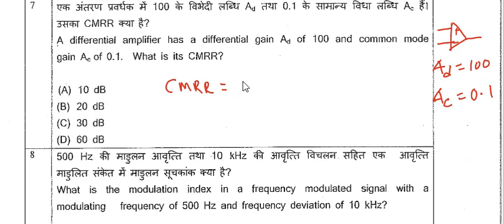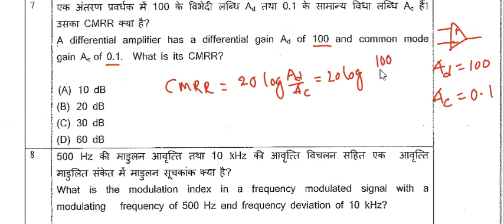So common mode rejection ratio is given as 20 log AD by AC. If we substitute these values in this formula, we get 20 log 100 divided by 0.1. We can write 0.1 as 1 by 10, right?